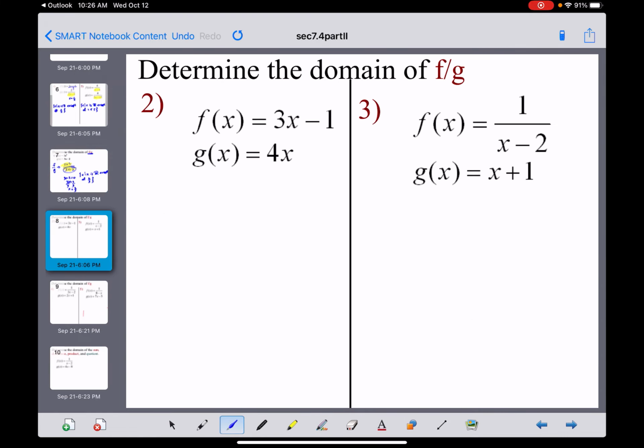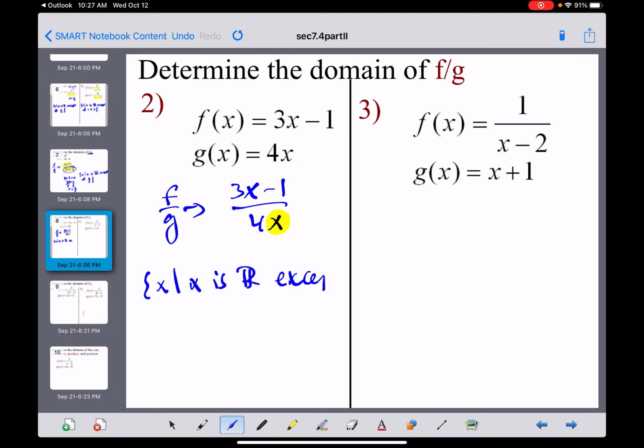So number 2, it's going to be f divided by g, 3x minus 1 over 4x. For this one right here, if we plug in 0, it will be undefined at that point. So that means x such that x is all real numbers except at 0. Okay, let's look at number 3. So f divided by g, which is 1 over x minus 2 divided by x plus 1. Now I'm going to rewrite this a different way so that you see it.